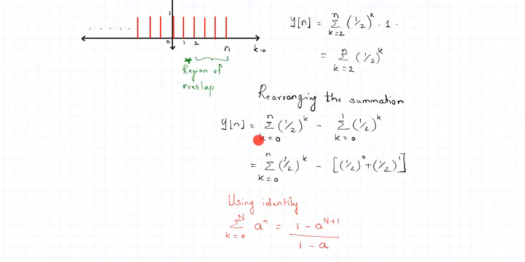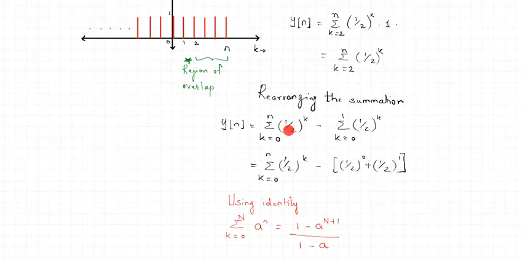When we did this additional change in the limits, this change must be compensated. So what compensation is needed here? To make this 0 to n, we have inserted two additional values of k. Those two additional values of k, which were absent in the original summation, are k as 0 and k as 1, because this summation starts from 2.